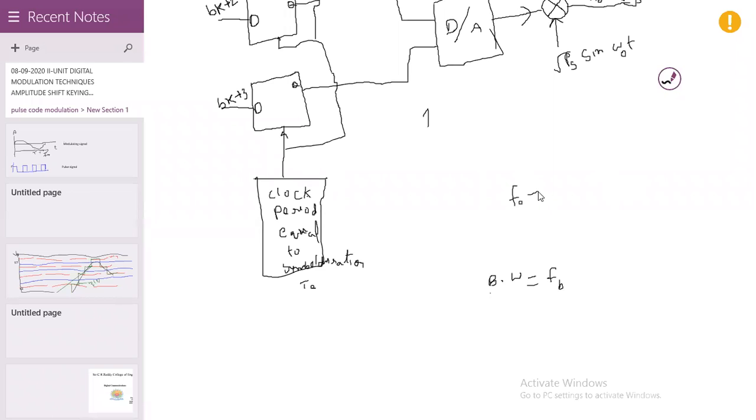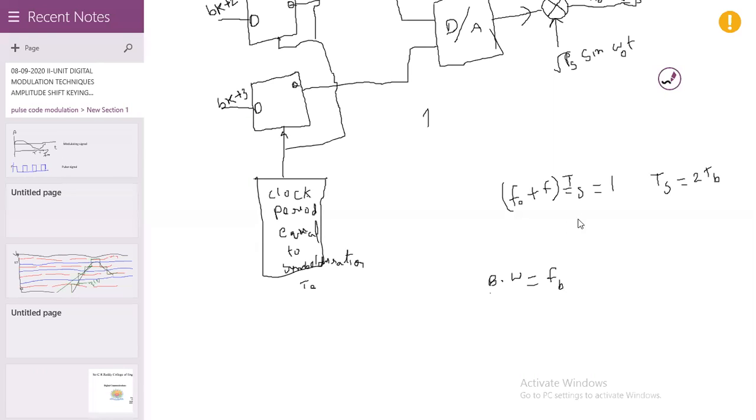F0 plus F equal to, here we can indicate that this is an ... TS equal to 1, already calculated. Here in this QPSK, TS is equal to 2 TB.